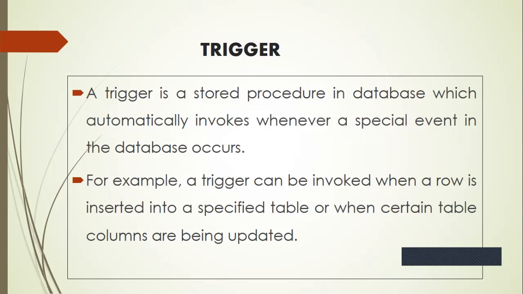Whenever any of these three operations is done, either for row or column, before inserting a row or after inserting a row, before inserting a column or after inserting a column, a trigger can be initiated.